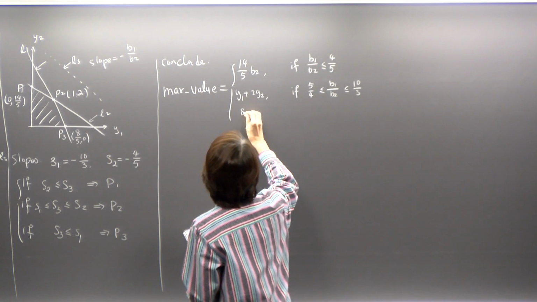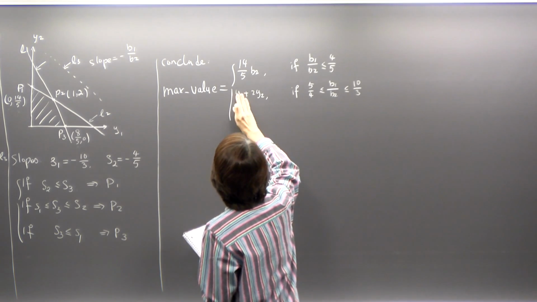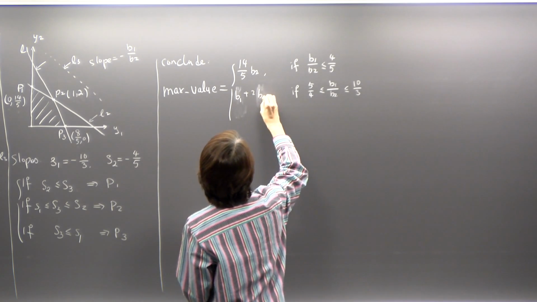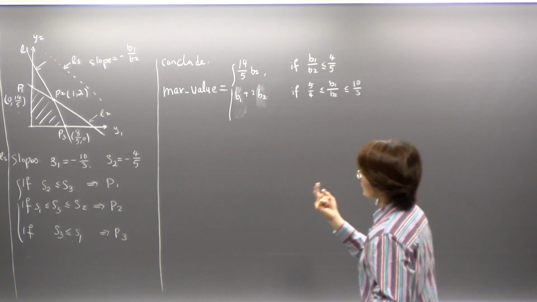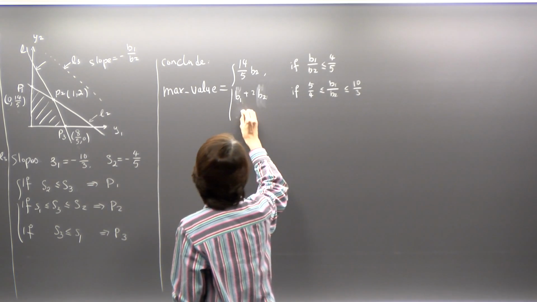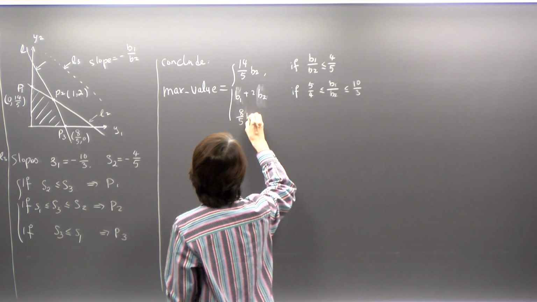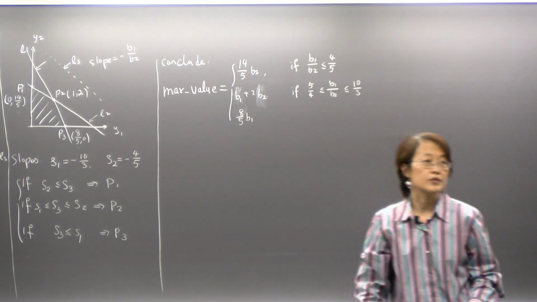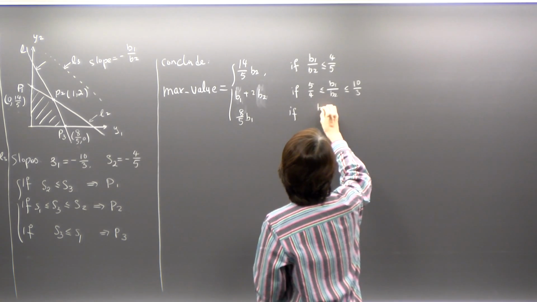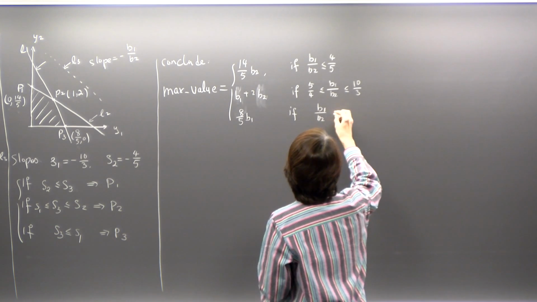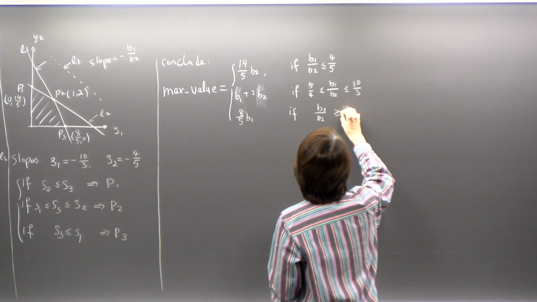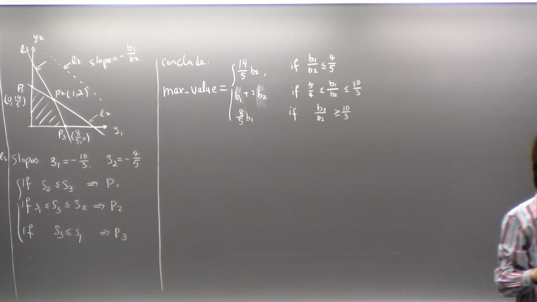Oh, no, I'm sorry, this is B1, B2. Why did I write Y? B1 and B2, because the others are the Y values. So Y1 is 8 over 5, so I will have 8 over 5 B1, and Y2 is 0. Nothing comes from there. And that's if B1 over B2 is bigger than 10 over 3, that is, it's very steep.